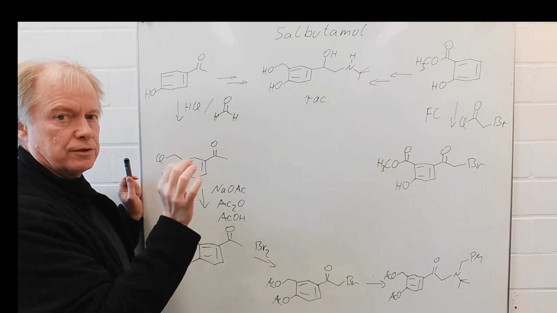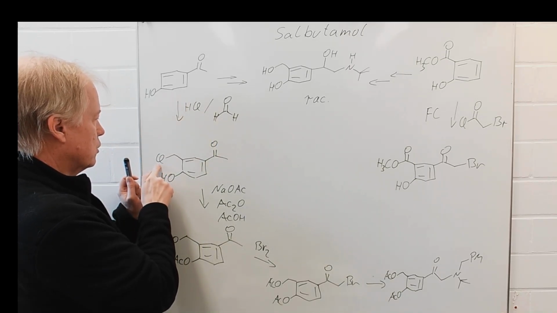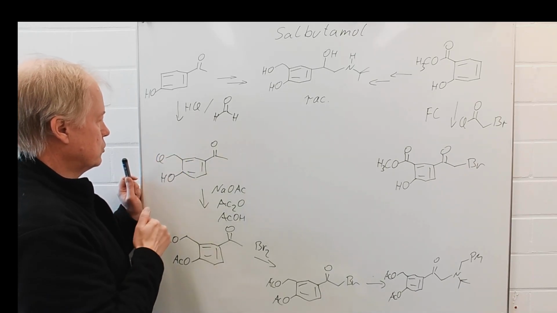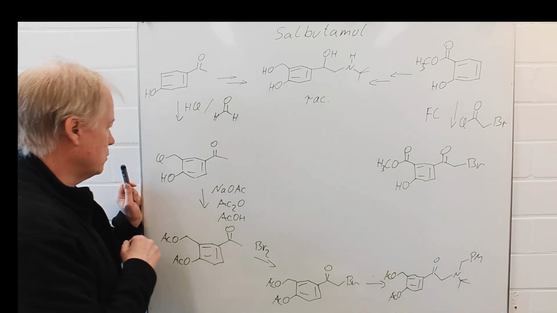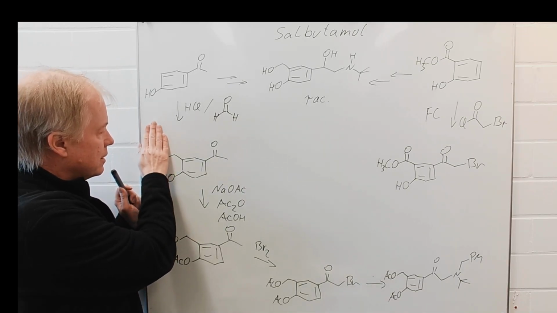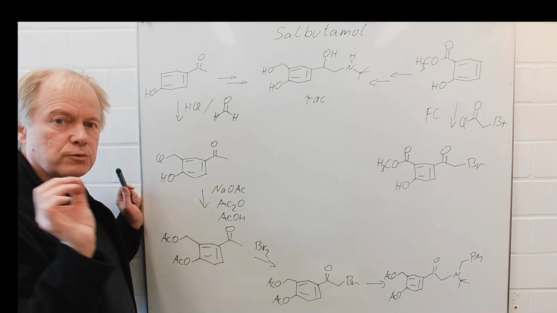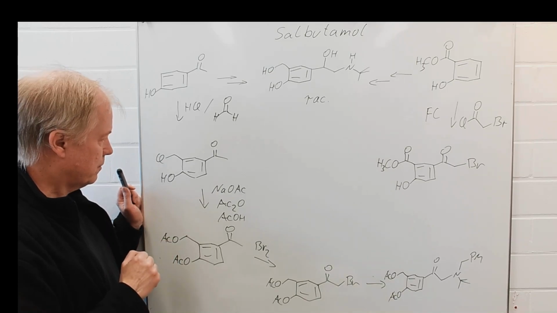This is the standard process for introducing a chloromethyl group. If you would run that further in the presence of water, then you would hydrolyze here, getting a hydroxy group there. But this would have disadvantages in further steps.